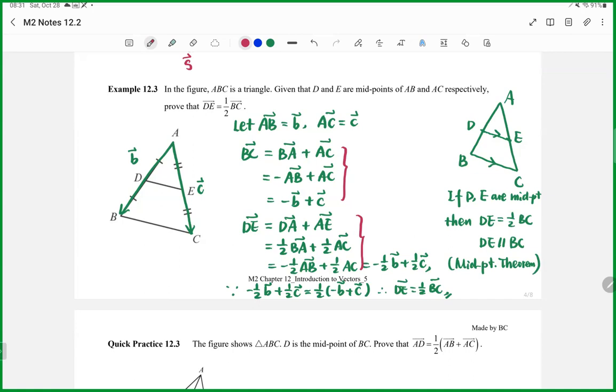Like I was saying, in this whole process, you won't see me discussing what this angle is, or that because these angles are equal, they're parallel. There's no such thing. The only thing we do in vectors is to express, to find out how to write down the vector DE and how to write down the vector BC.